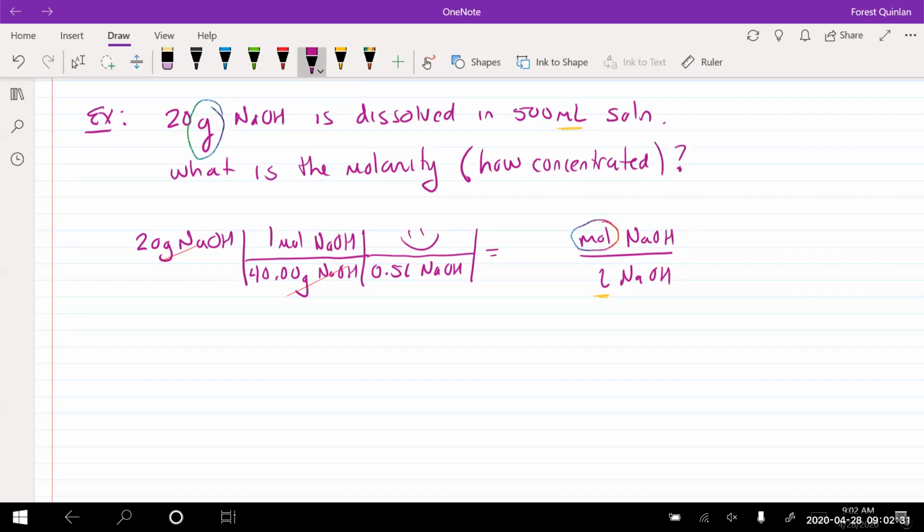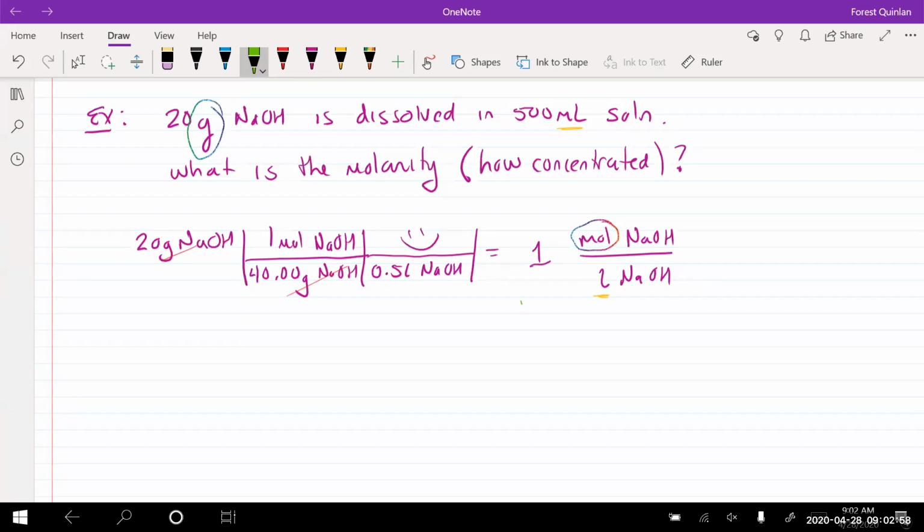Now, if you do that, you should end up with a 1 molar solution, I believe. Let me get my calculator, just double check it, or just trust my notes. Yeah, that's right.